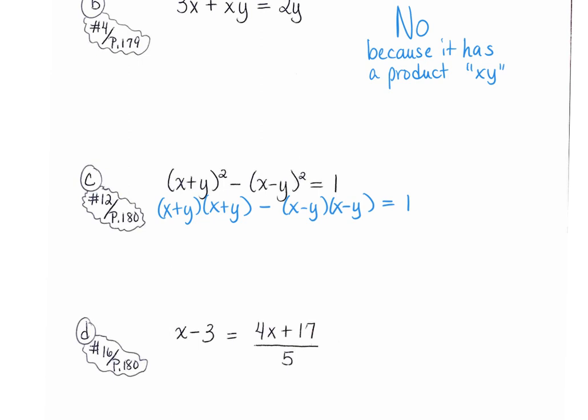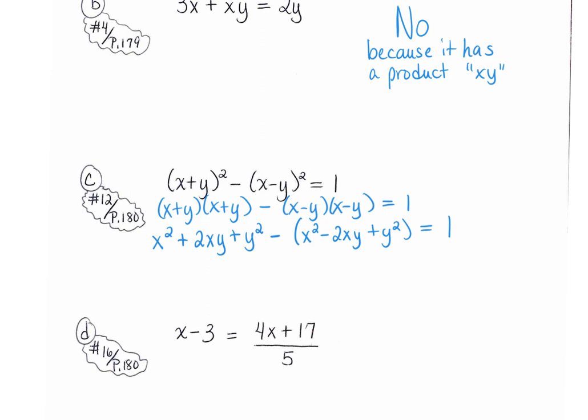So then you use your FOIL method to expand each one. So the first one comes out to be this product here, when you use the FOIL method, gives us x squared plus 2xy plus, what's your last? Y squared. Good, plus y squared. Minus the quantity x squared minus 2xy plus y squared, all of that equals 1.